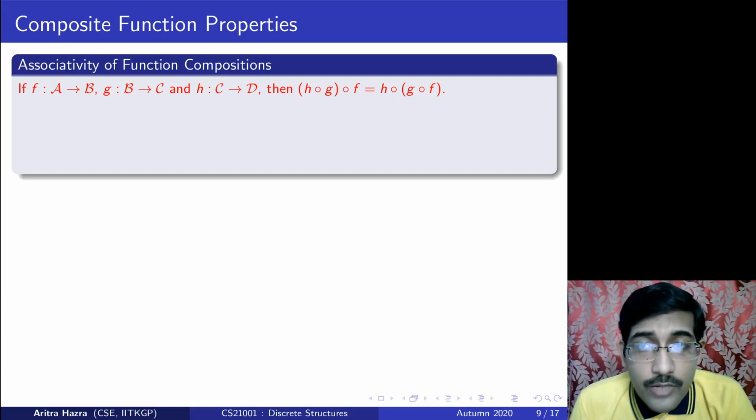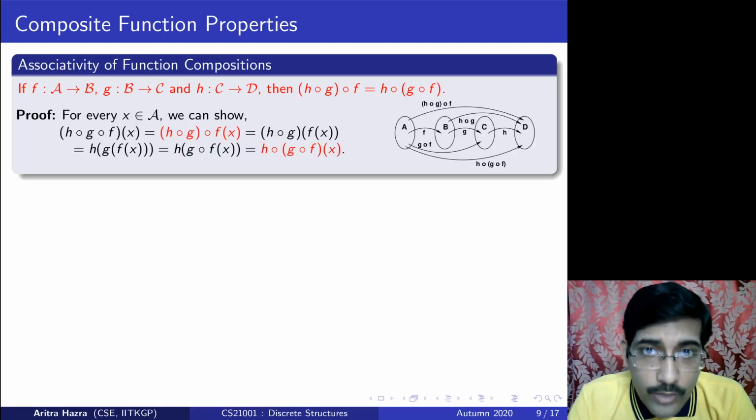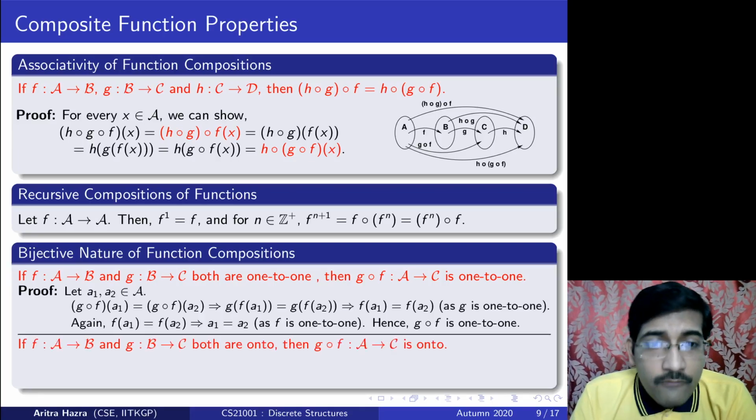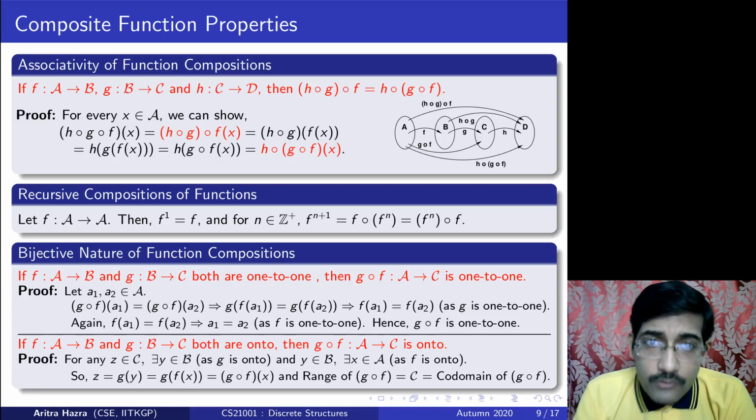You can just bracket and compose at any position. We have also proven that if two functions f and g are one-to-one, the composed function gof is also one-to-one. Further, we also saw that if both are onto, then the composition will also be onto.